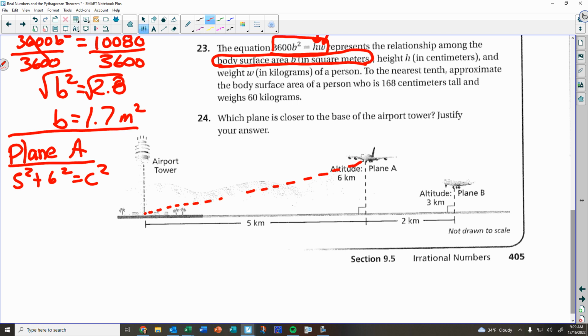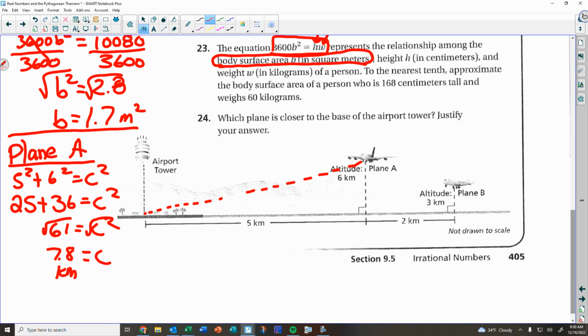What's 5 squared? 5 squared is not 10. It's 25. 6 squared. And when I add them together, I get 61. So when you square root both sides, c is the square root of 61, about 7.8 kilometers when you round to the nearest tenth.